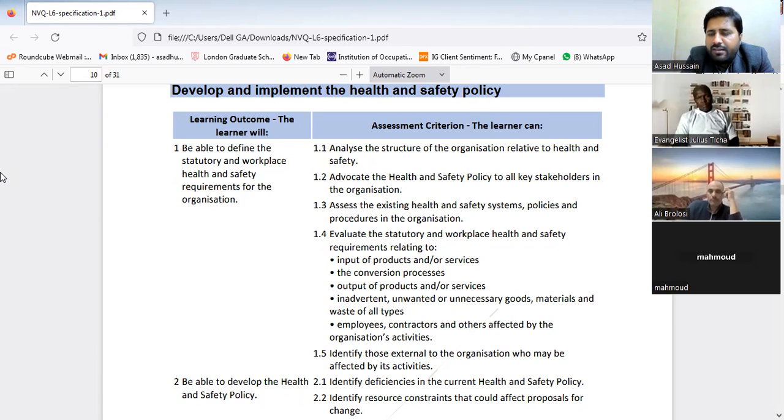For example, if there are lifting activities in the organization, then you should be using the Lifting Operations and Lifting Equipment Regulations in your workplace. So you have to let me know the regulations you are using in your workplace. Is it fine, please?